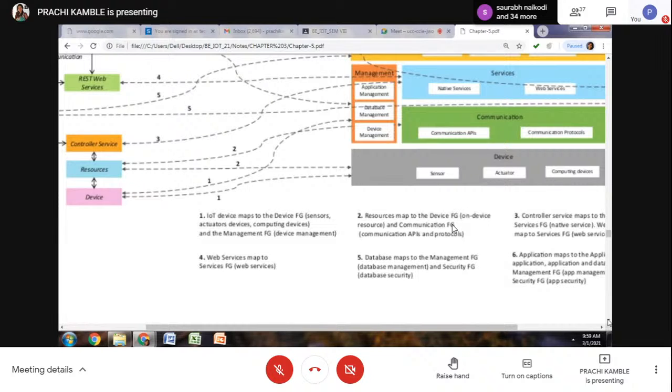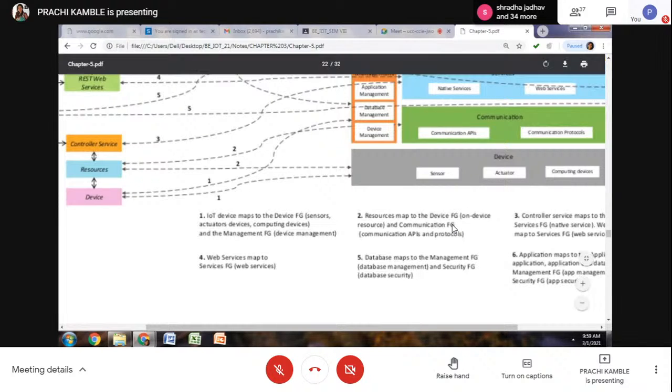Then second is resources mapped to the device FG on device resources, and communication FG, that is communication APIs and protocols, that is here we are using the HTTP protocol.